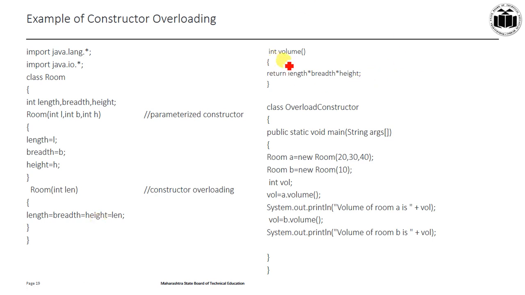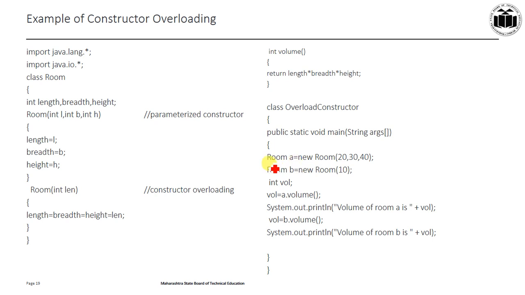After that we have created one method, volume, and we pass the formula there for calculating the volume: length into breadth into height. We create another class and in that we write a main method, and in the main method we call the constructors which we have created.